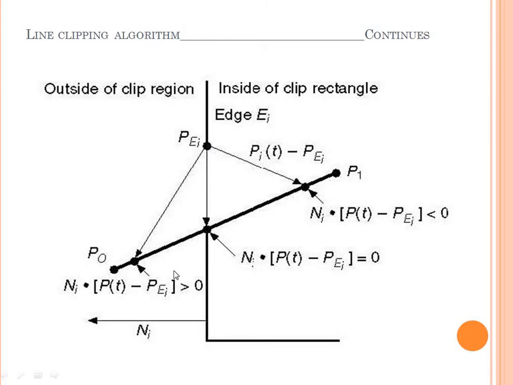Then the second point is selected on the line P0 to P1, but outside of the rectangular window, and the name of this point is A. Then the third point is the intersection of the line with this edge of the rectangular window, and the name of this point is B.